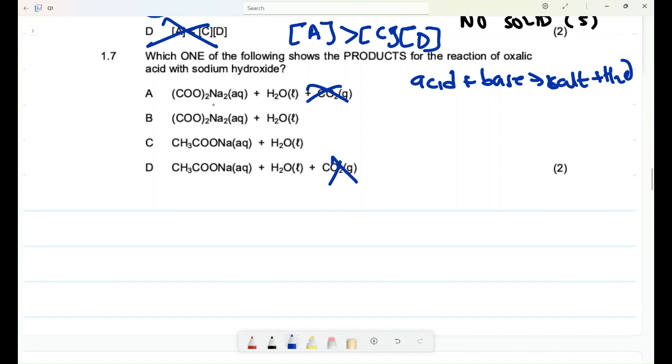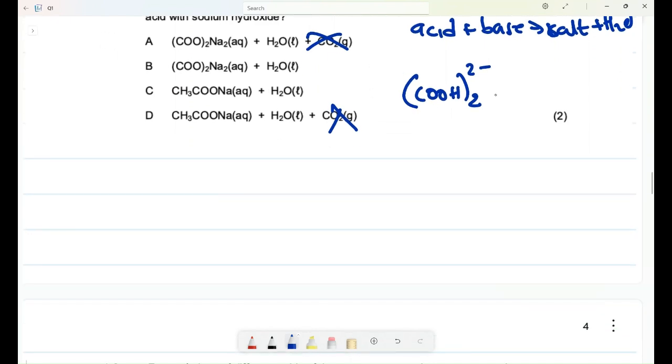Now oxalic acid is a very, very strange acid. It has something like 2 minus, if I'm not mistaken. Then you add it to sodium hydroxide.